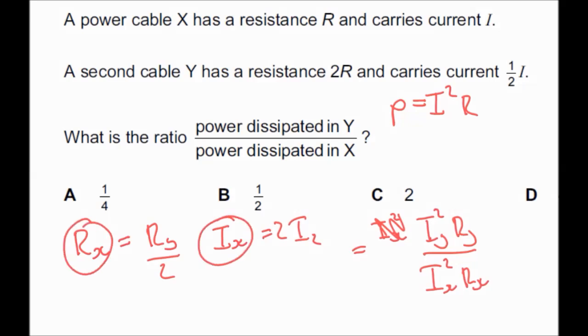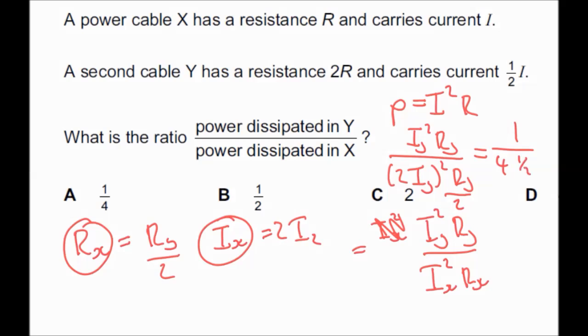We end up with I squared RY over 2I squared and then RY over 2. Now we can start cancelling stuff out. We end up with 1 divided by 4 times a half, which simplifies to 1 over 2, which is B.